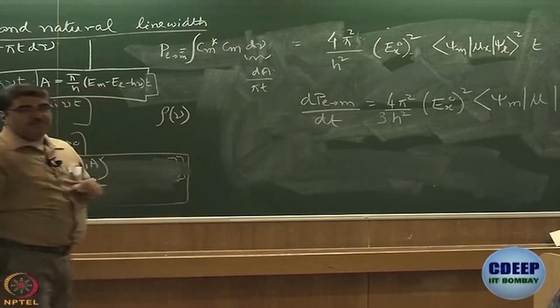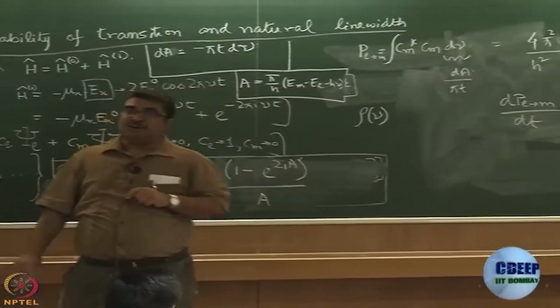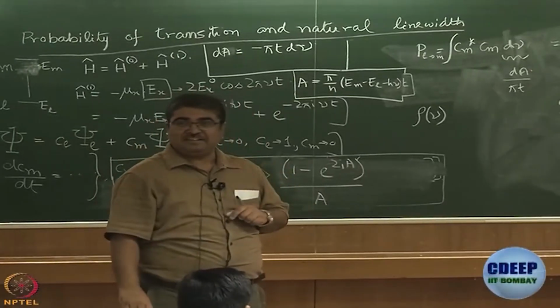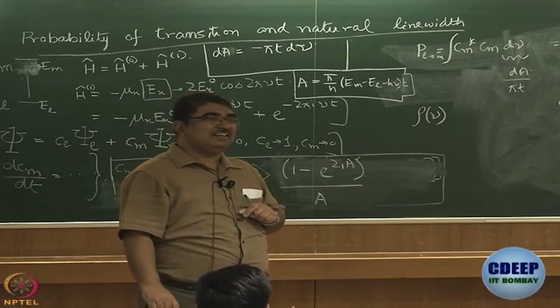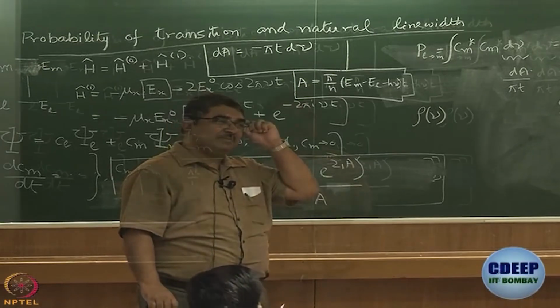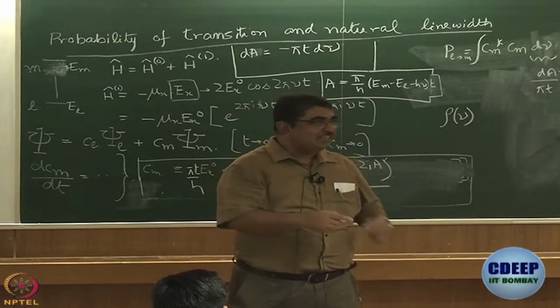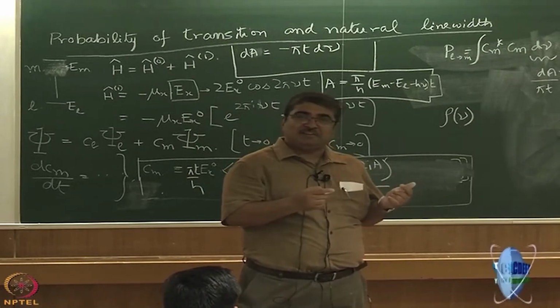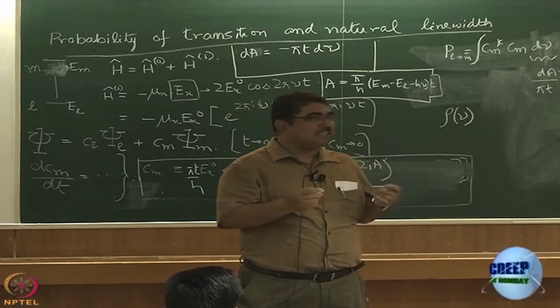rho of nu. Have you encountered rho of nu somewhere? Rho of nu is energy density. Yes, black body radiation. So in black body radiation we have encountered it, when we talked about Planck's law and all that.